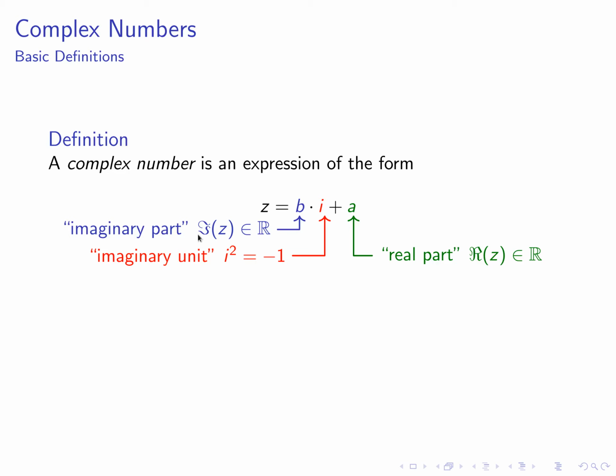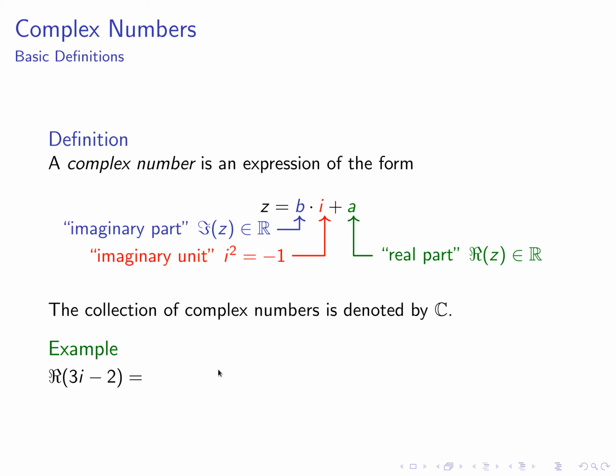And sometimes people write fancy I of the complex number to refer to the imaginary part. And this is also supposed to be a real number. Now, we denote the collection of real numbers by fancy R. The collection of complex numbers is denoted by fancy C, like this.